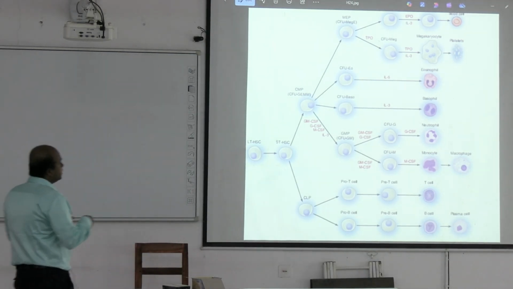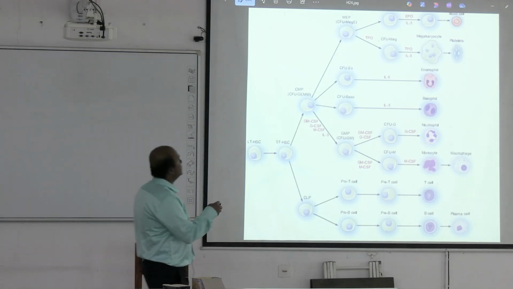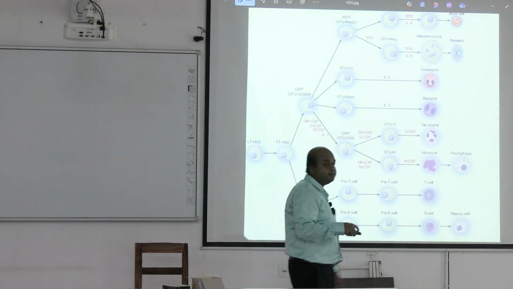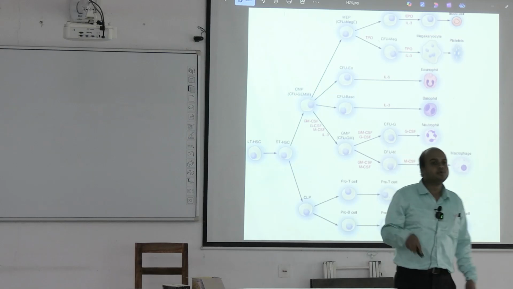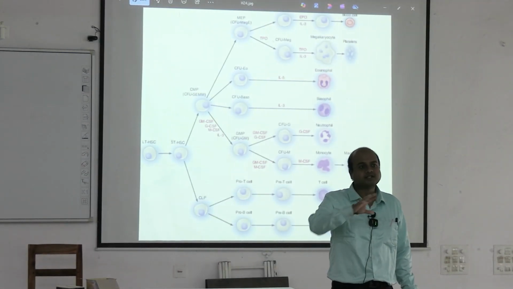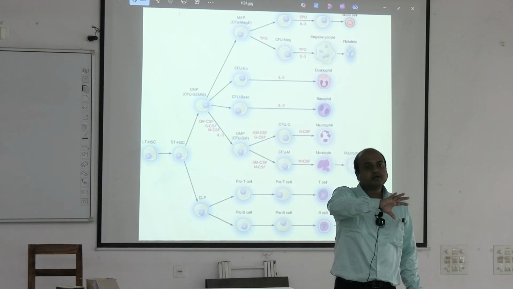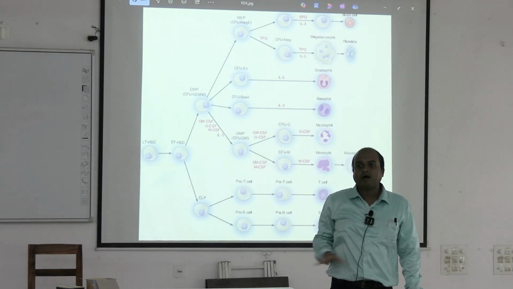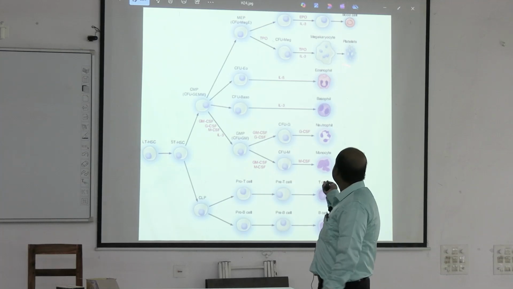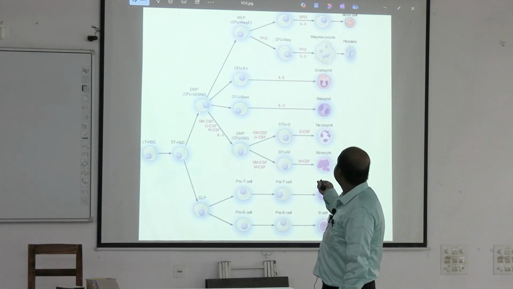From there, the different blood cells originate. All these terms have different meanings, like BFU and CFU. BFU means burst forming unit. The word burst means this unit will give rise to a burst of cells of one type. Then CFU-MEG.